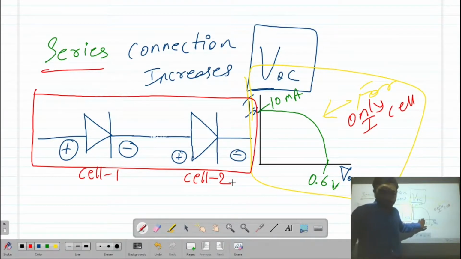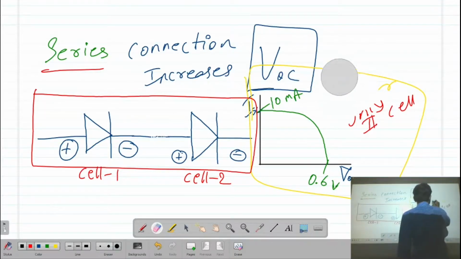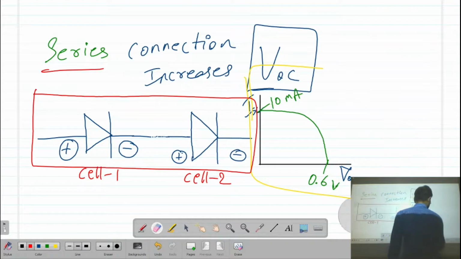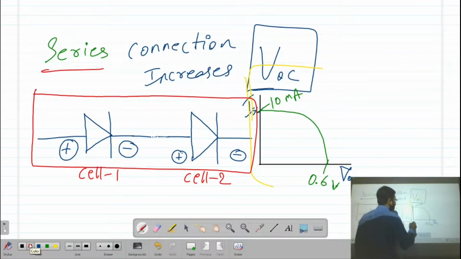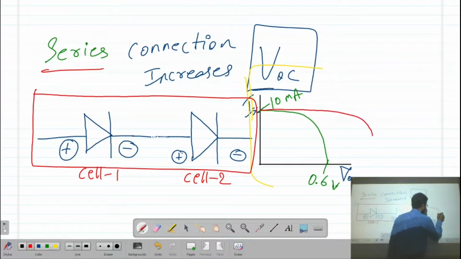The IV for cell 2 will be something like this, right?